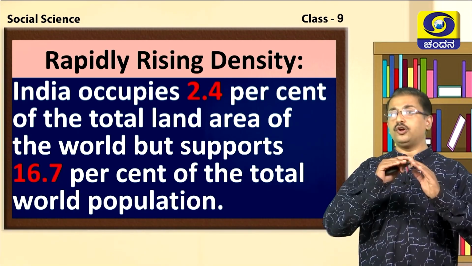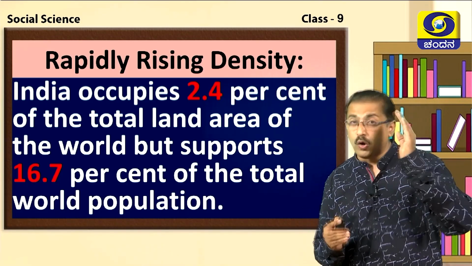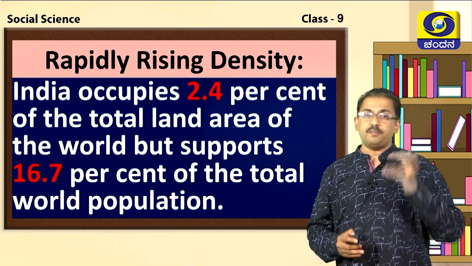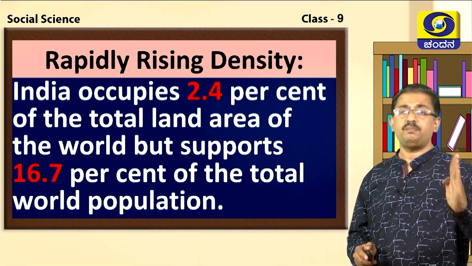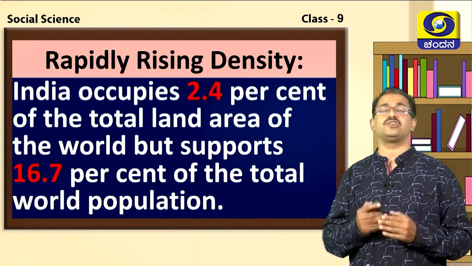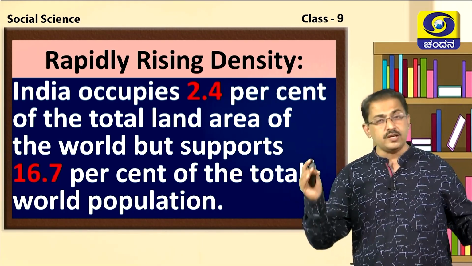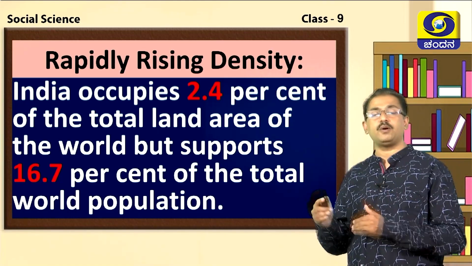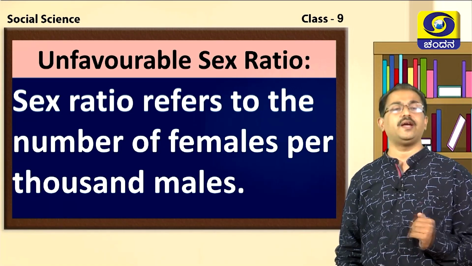India occupies 2.4% of the total land area in the world, but supports 16.7% of the total world population. That means 16.7% of the world's population is in India alone.